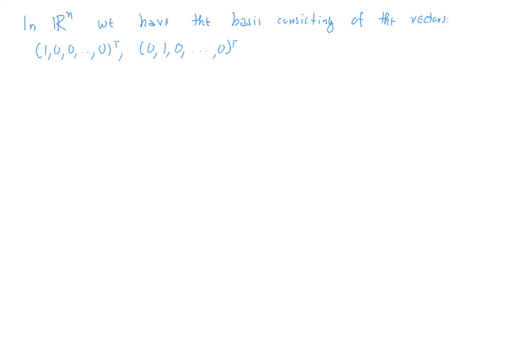In Rn, we have the basis consisting of the vectors 1, 0, 0, 0, 1, 0, 0, 0, 1, 0, and 0, 0, 0, 1.